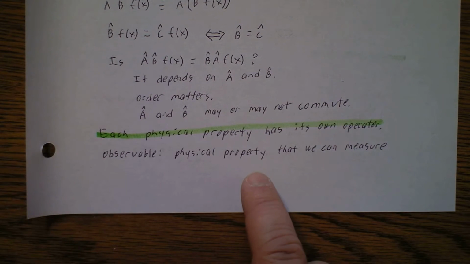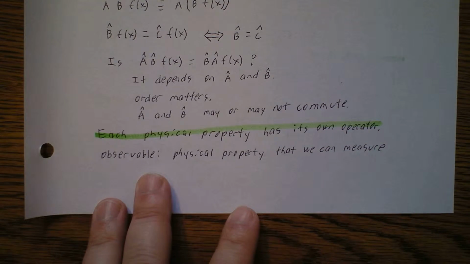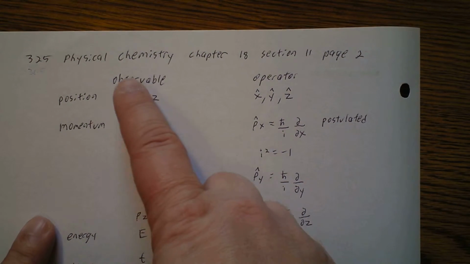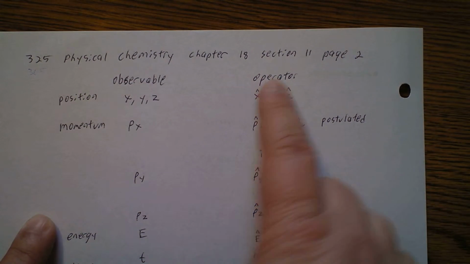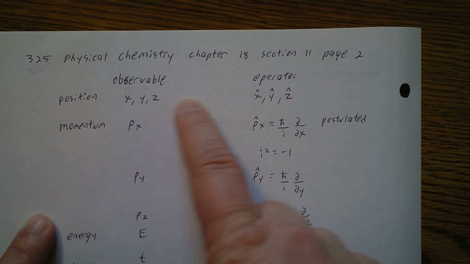So each physical property has its own operator. An observable is a physical property that we can measure. For example, here's a table of observables and operators. So for position, we have x, y, and z in rectangular coordinates, obviously.